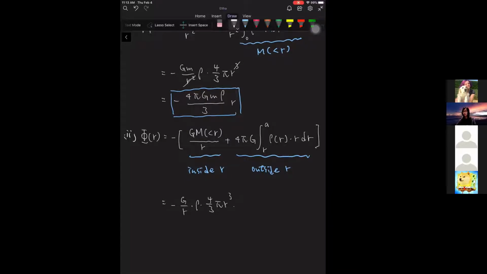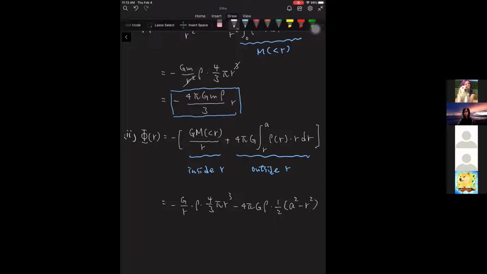And for the second part, since rho is constant in our case, we can take out rho. So it's 4 pi g rho, and then inside the integral left with r dr. And so that's just 1/2 r squared, where we plug in a squared and r squared.